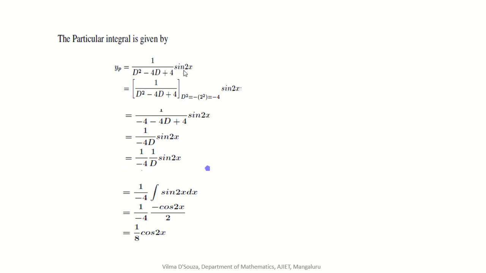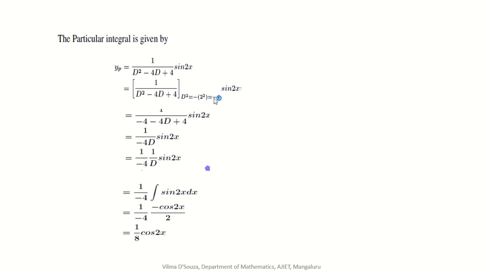Okay. Now what is a here? A is 2. So what you are substituting? D square is equal to minus a square. A is 2. So a square is 4, minus a square is minus 4. So wherever you have d square, you substitute it as minus 4. You don't change this d, only for d square you are substituting.